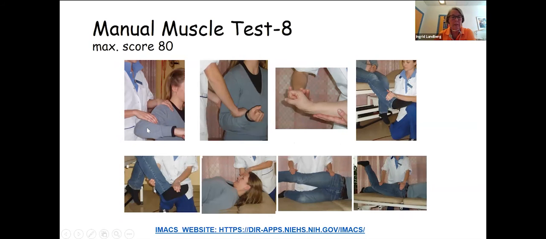You can see here it includes a test of proximal, distal, upper extremity strength, but also the lower extremities and neck flexor. And here is the website where you can follow this instruction by a video.